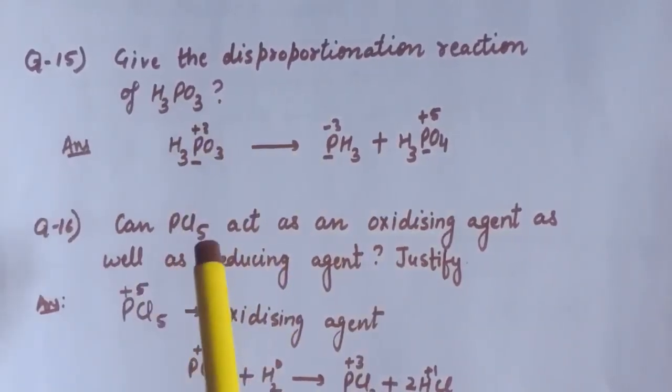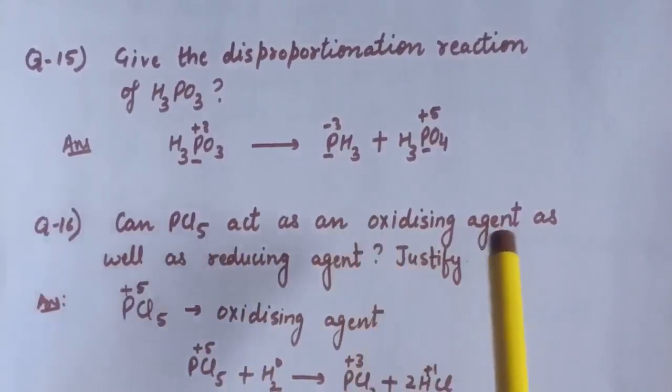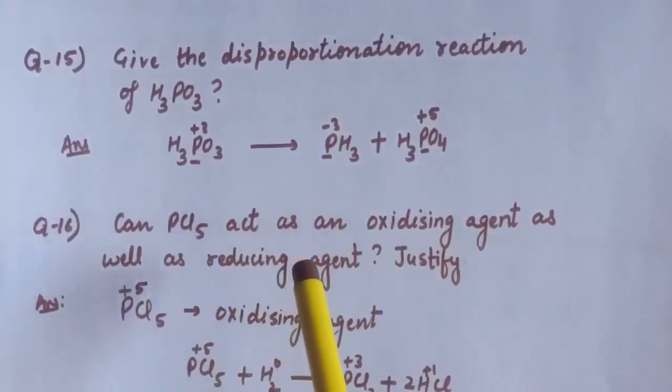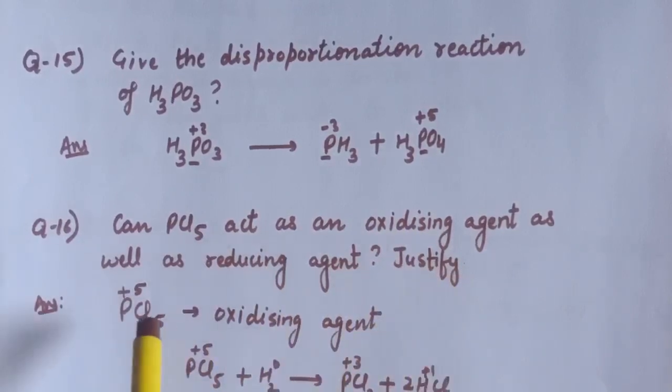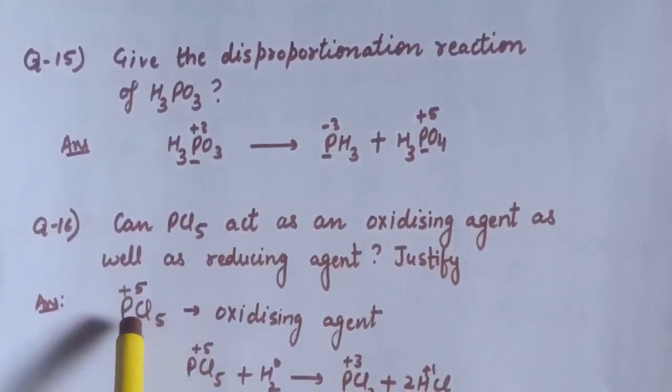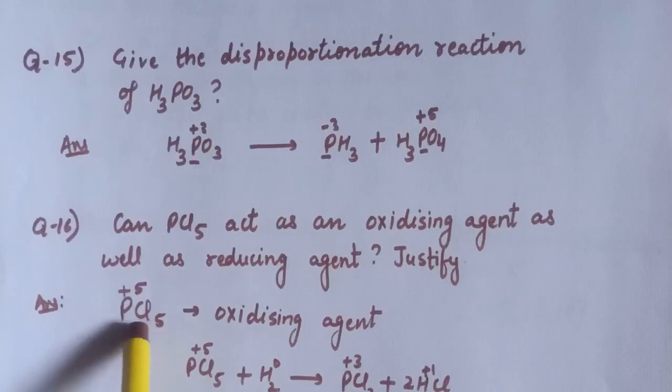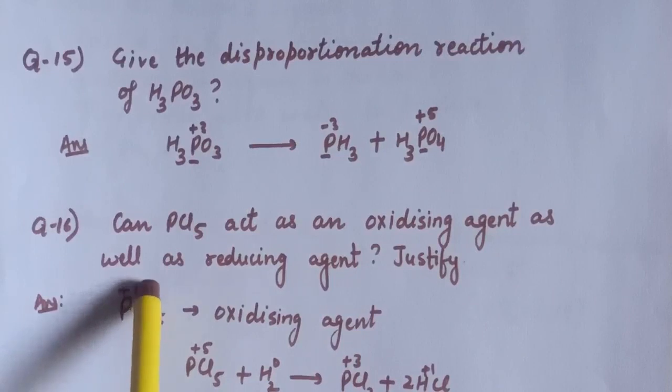The next question is, can PCl5 act as an oxidizing agent as well as a reducing agent? You have to justify this statement. The answer is, first of all we calculate the oxidation number of phosphorus in PCl5, and it comes out to be +5.